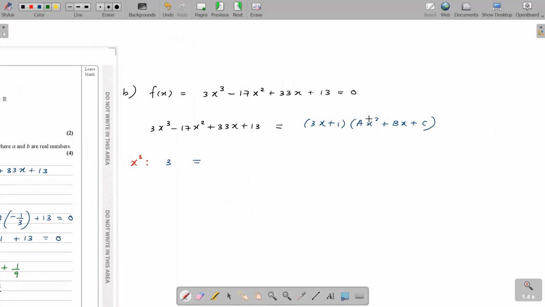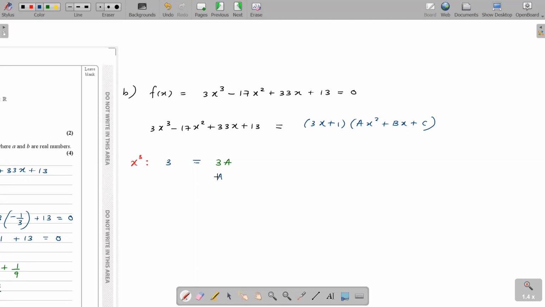You can see 3x into ax squared is 3ax cubed. Do I get x cubed by multiplying any other term here? No, we can't get x cubed with any other term. x cubed can only be made by multiplying an x term with the x squared. So that's only available in one option. So 3x into ax squared is 3ax cubed. So the coefficient is 3a, which tells you the a value is equal to 1.